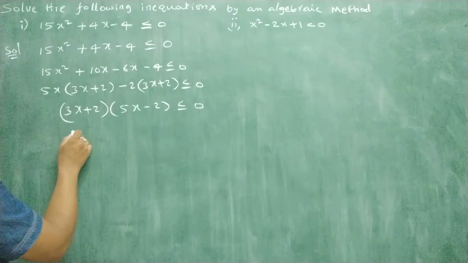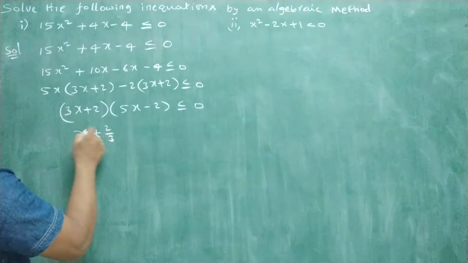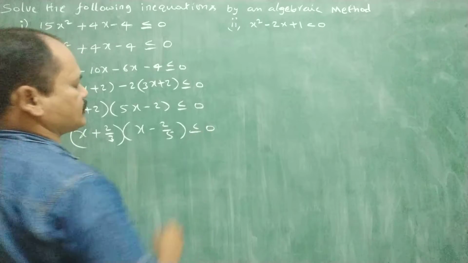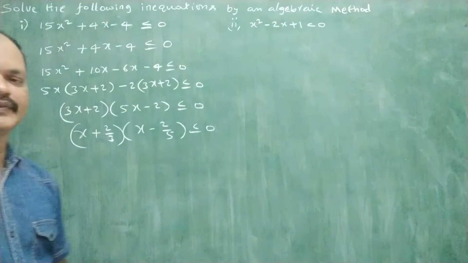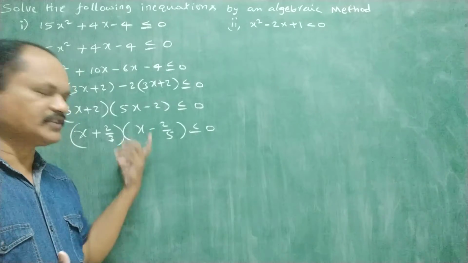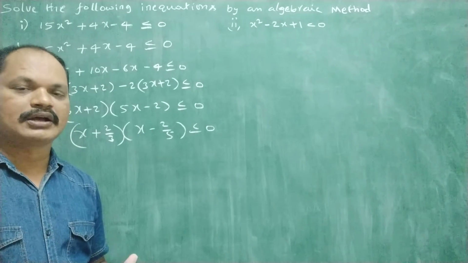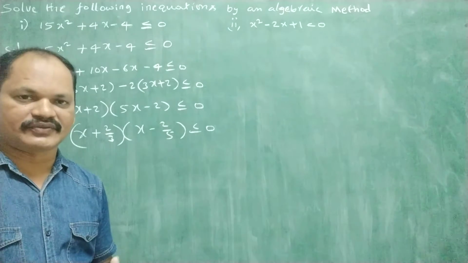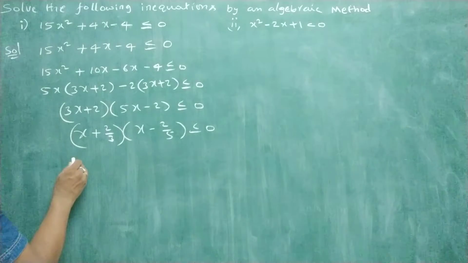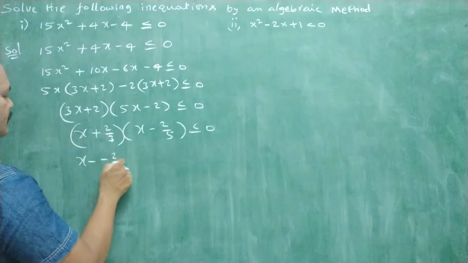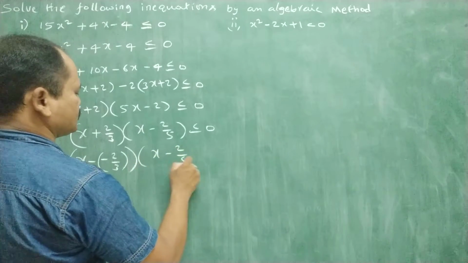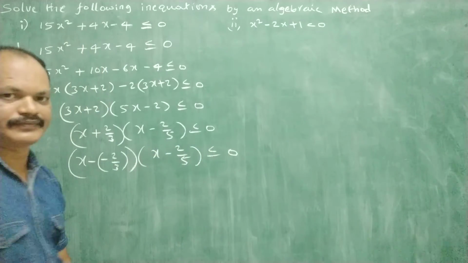Right? Now from this we write x plus 2 by 3 into x minus 2 by 5 less than or equal to 0. This depends upon the concept on intervals of inequalities. That is, this can be written as x minus of minus 2 by 3 into x minus 2 by 5 less than or equal to 0.